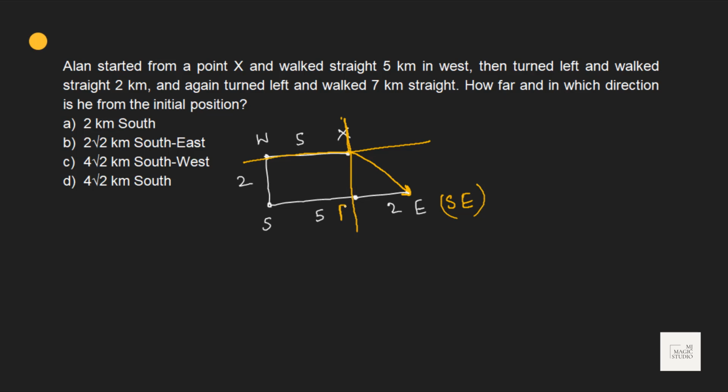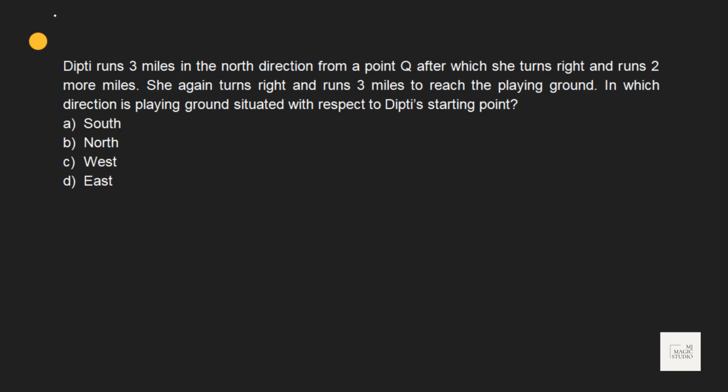If I make it P, XP is equivalent to WS, that is 2, and PE is 2 initially. So XE would be 2 root 2. We know in an isosceles triangle, hypotenuse is a root 2. So it should be 2 root 2 kilometers, southeast. 2 root 2 kilometers southeast is option B.